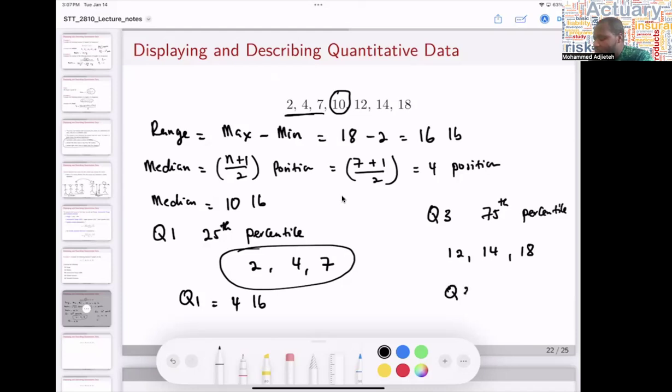So we have Q3 equal to 14 pounds. And then we know the interquartile range, IQR, is equal to Q3 minus Q1, which is 14 minus 4, which is 10 pounds.